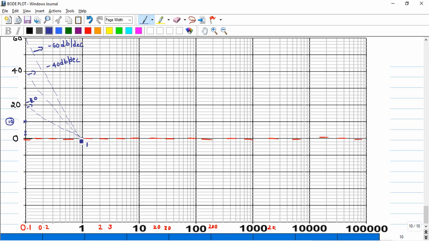That will be simple, 2 divisions. 20 by 10, that will be 2 per division, and so here 2, 4, 6. So let me zoom for you.